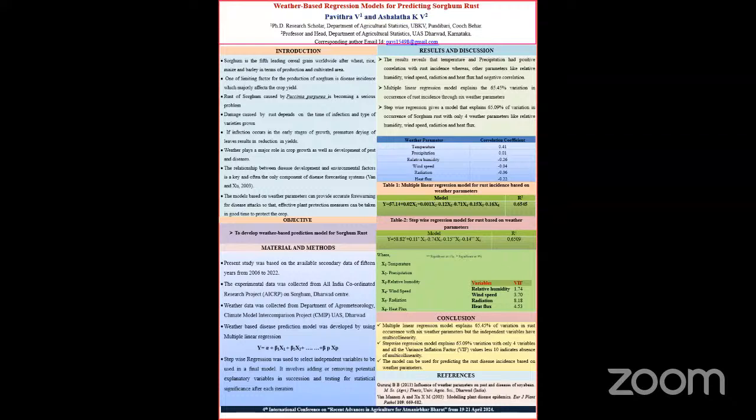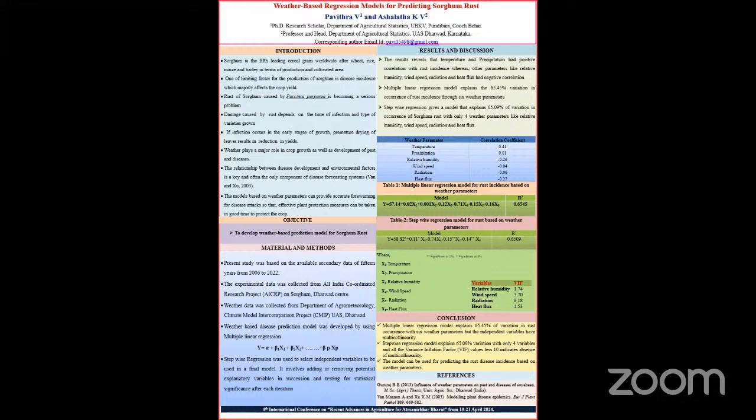Our objective is to develop a weather-based prediction model for sorghum rust. Our study is based on available secondary data for 15 years, from 2006 to 2022. The experimental data was collected from AICRP sorghum, and weather data was collected from the Department of Agrometeorology, UAS Dharwad. The weather-based disease prediction model was developed using multiple linear regression, and stepwise regression was used to select the independent variables for the final model.